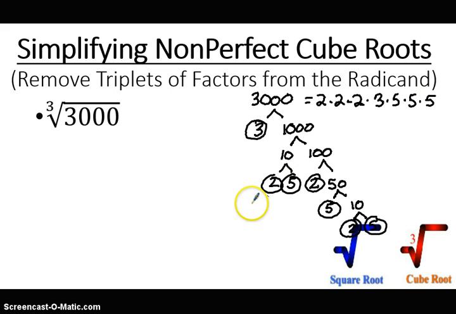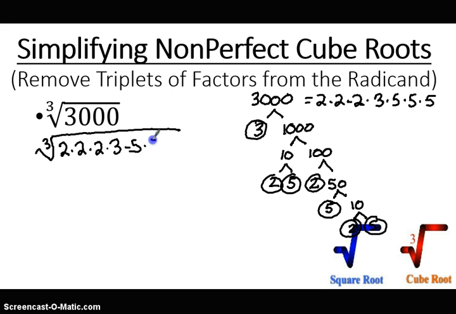That's the prime factorization. So we'll rewrite this cube root as 2 times 2 times 2 times 3 times 5 times 5 times 5. That's step 1. Write the cube root's radicand as its prime factorization.